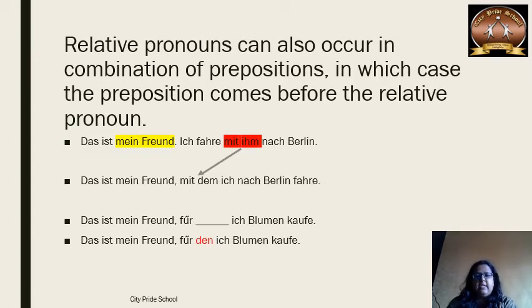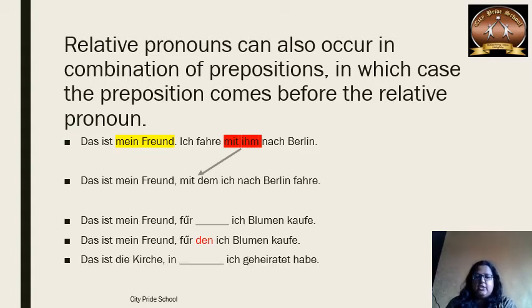So our answer will be, das ist mein Freund, für den ich Blumen kaufe. Is it clear? Once again I repeat, für takes accusative case, Freund is the masculine one, so we will use the masculine accusative relative pronoun here. Okay, is it clear? Let's see one more example.